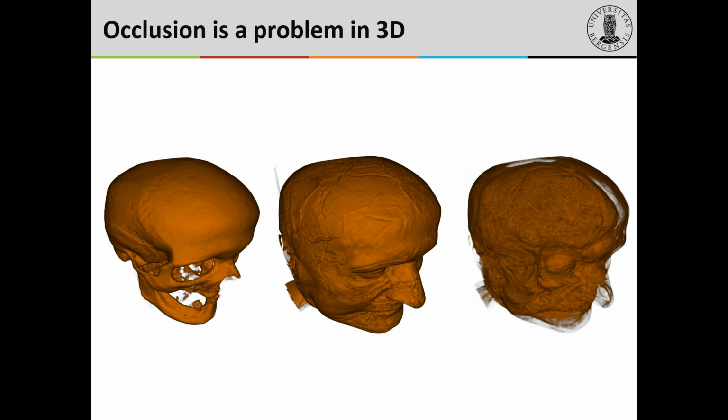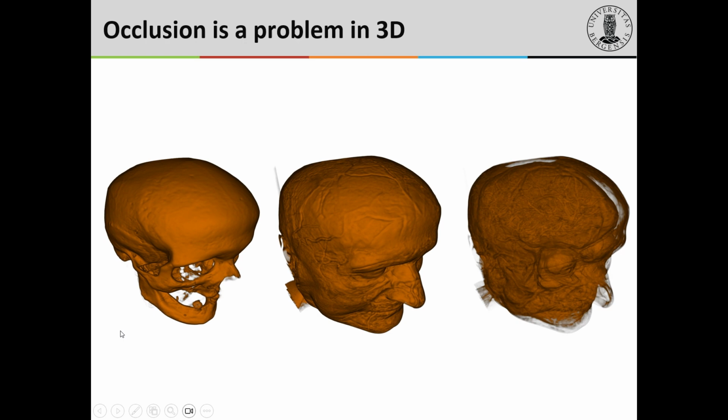So you could, for instance, classify high density values as the skeleton. And then you can tell your computer, I want to render only those values of said density value. And then you would get something like this.